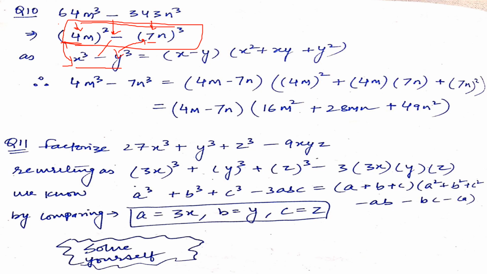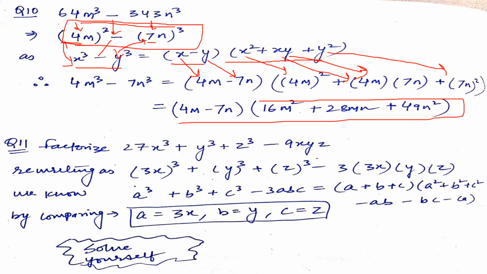The formula is very simple: (x-y)(x square plus xy plus y square). Just put the values. X is 4m. Y is 7n. So you can see I have done nothing. Just after understanding the values of x and y, you need to just put the values in the place of the variables and you will get the answer very easily. Okay, this is the final answer.